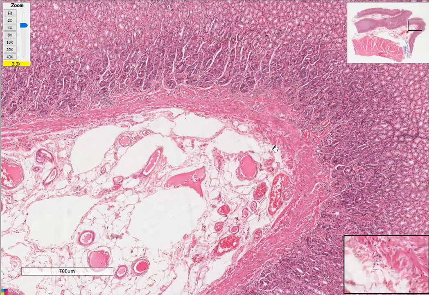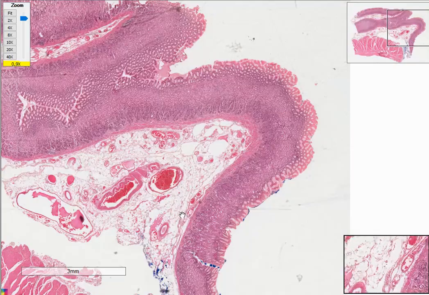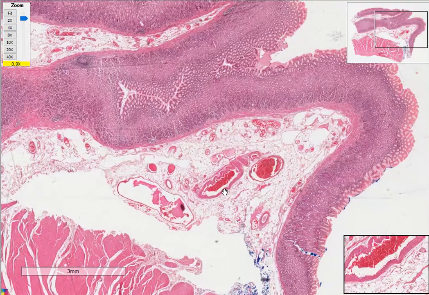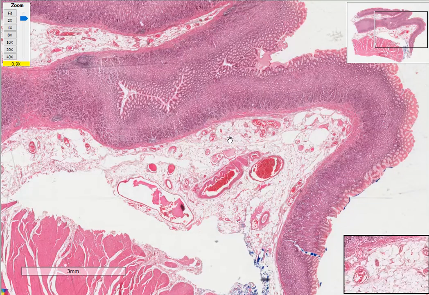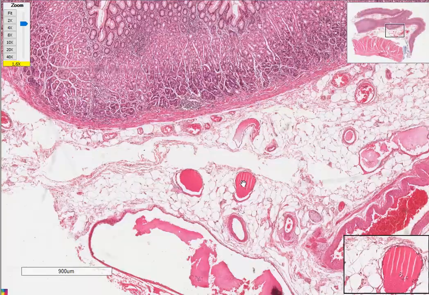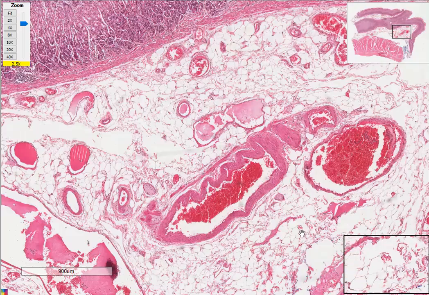This here is the muscularis mucosa, and deep to the muscularis mucosa, if you remember, like other gastric or alimentary canal organs, they have a submucosa. So in the submucosa, we get to see blood vessels, and that's where the myenteric plexus actually is.